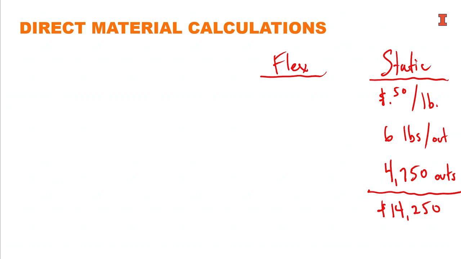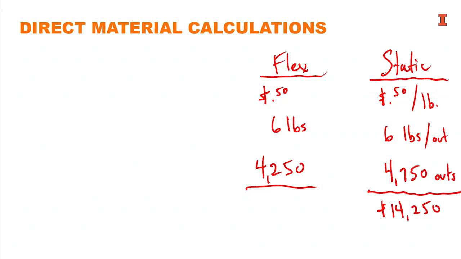Everything else was as originally reported. So we used the standard price of 50 cents. We used the standard input of 6 pounds. But we change our output from the standard output that we had at the beginning of the accounting period and use what we actually produced. And that, per the information provided, was 4,250 units that we actually produced.